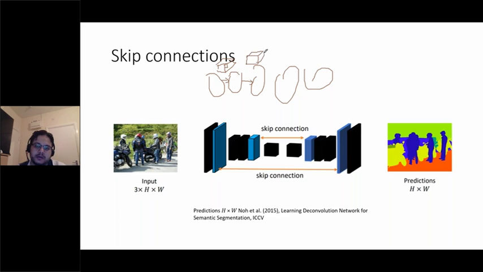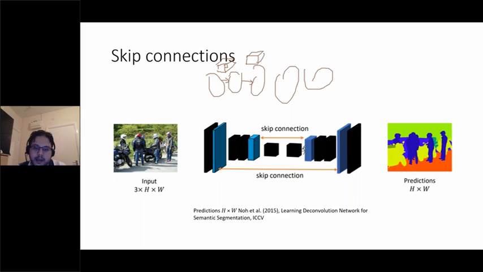Is this fine? Yes. So when we have the skip connections, for example, this layer is going to produce something that will be fed to this layer. This is the normal architecture. Still fine.